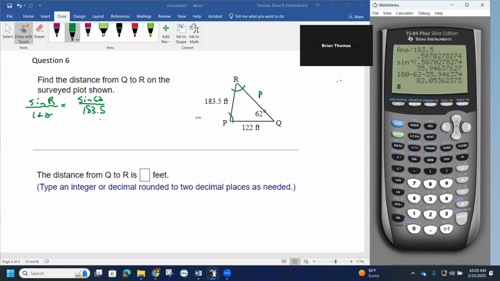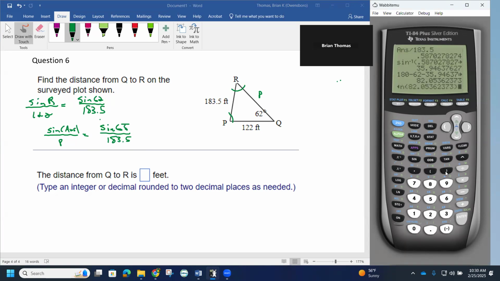So angle P, we're going to be using basically the sine of that answer over side P. And we're going to have the sine of 62 over this 183.5. So if we do this math here, we should have this 183.5 times the sine of this angle here.